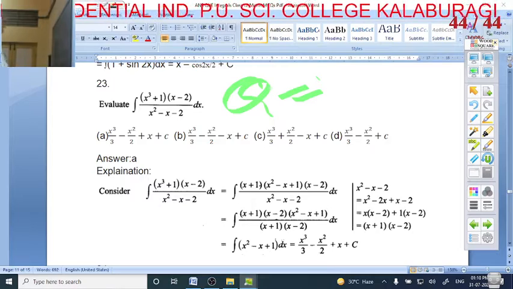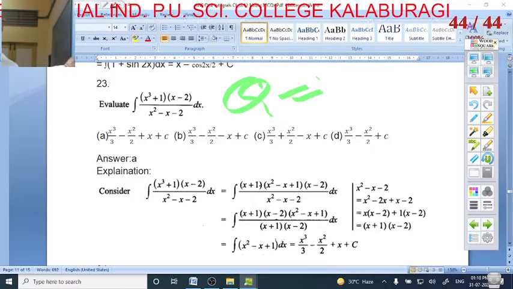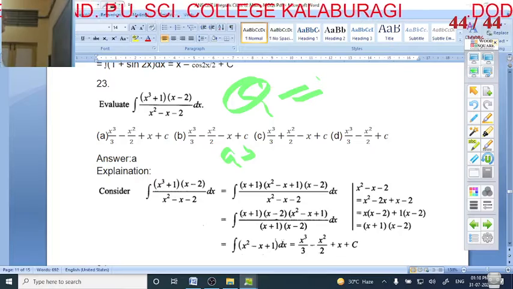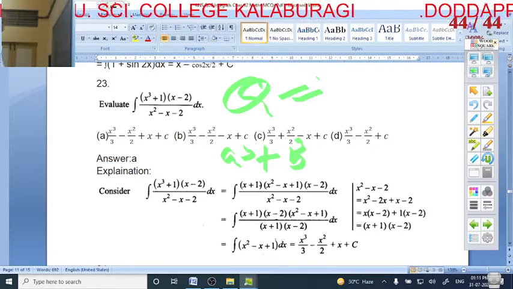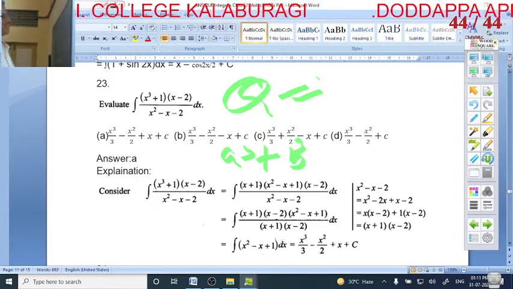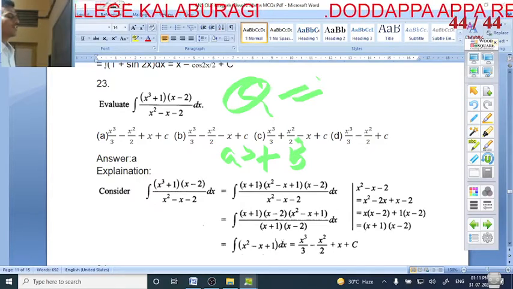The quantity x cube plus 1 can be written using the a cube plus b cube formula: x plus 1 times x square minus x plus 1.